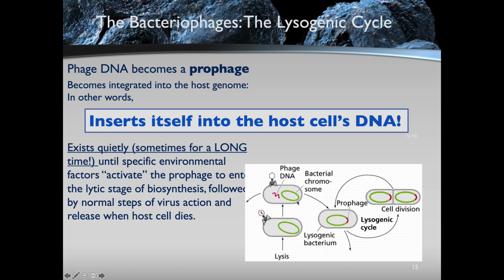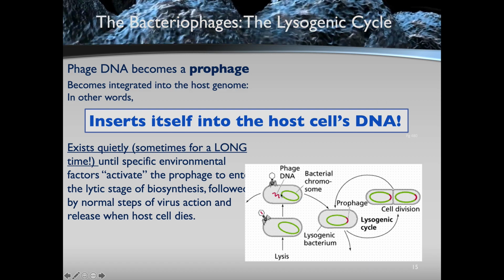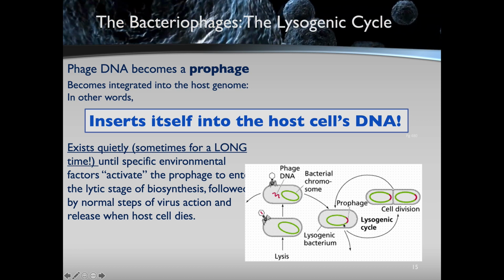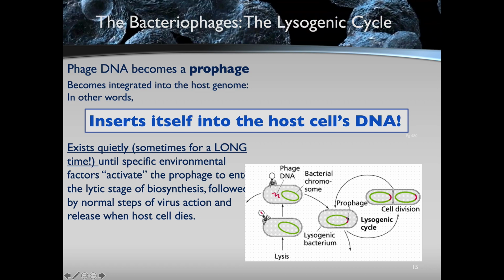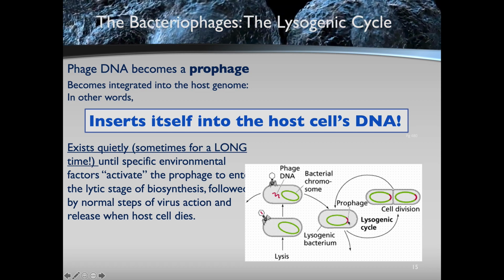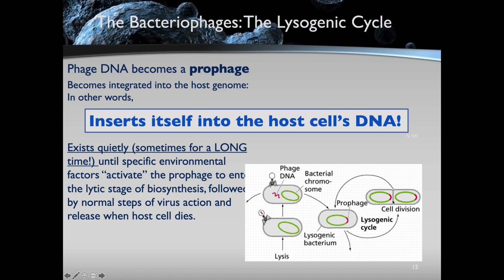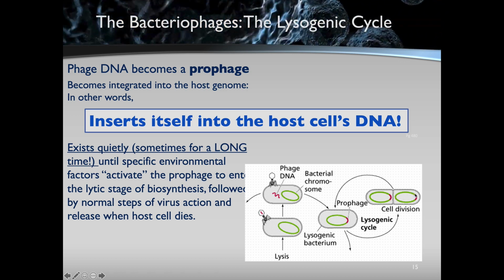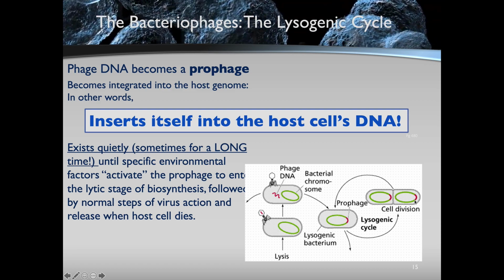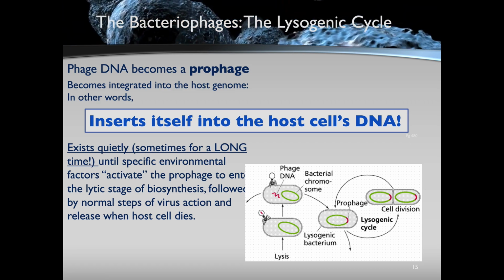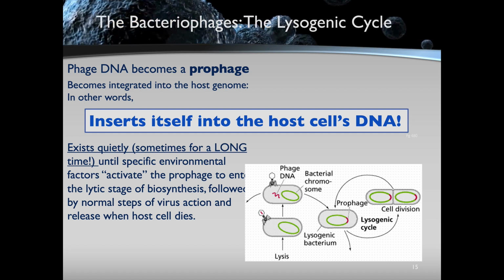Bacterial DNA is in the form of a ring, and that DNA has inserted itself inside of that ring and become part of that bacterial DNA. We call that section the prophage. And every time that bacterium will now divide, it will divide with that new piece of DNA being present. So every new cell that comes from that infected cell will be identical and carry that new viral DNA.